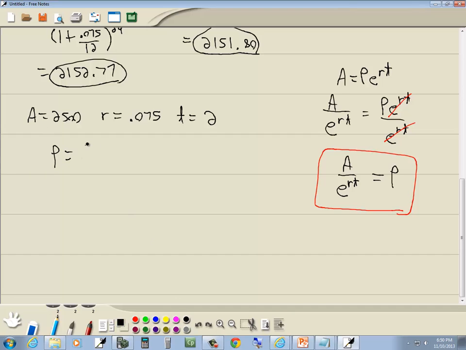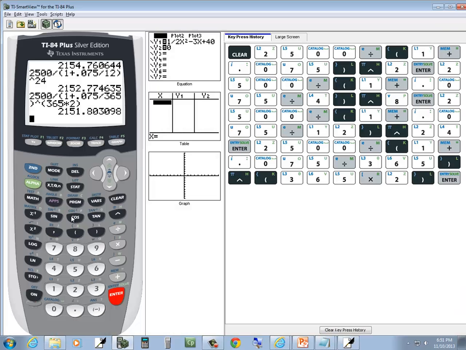So P is equal to A, which is 2,500, over e to the R, which is 0.075, times T, which is 2. Now, when you plug this in, you don't want to put any extra parentheses in. So do 2,500, second natural log, ln.